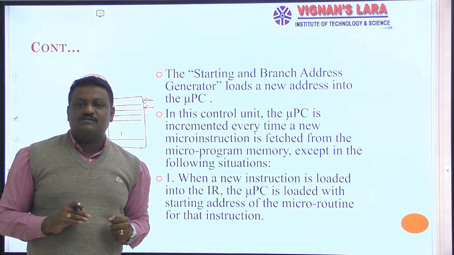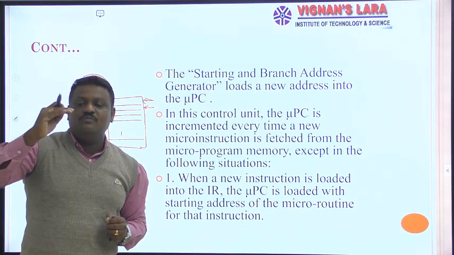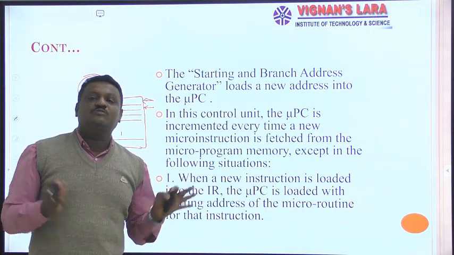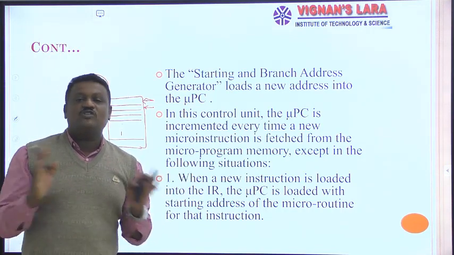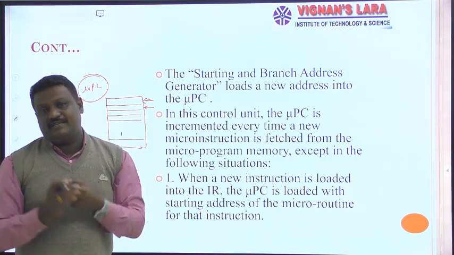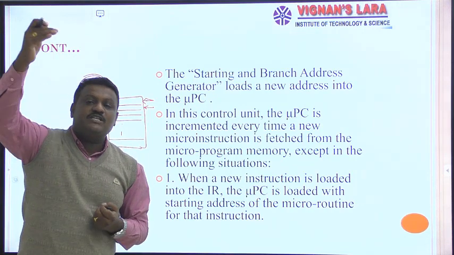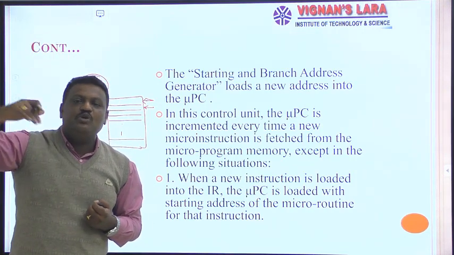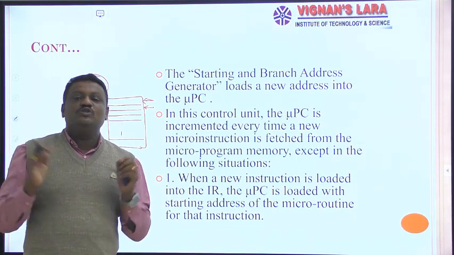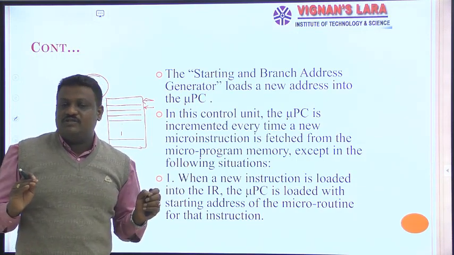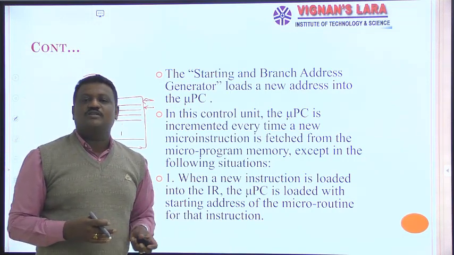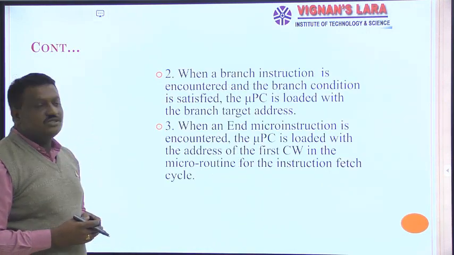So whenever a new instruction is copied onto my instruction register IR, automatically the new PC is loaded with the new micro routine starting address. That means the address available on my new PC from the previous case is not incremented. Here the new PC is loaded with a new micro instruction address, based on the new instruction copied onto the instruction register IR. So that is the first situation.